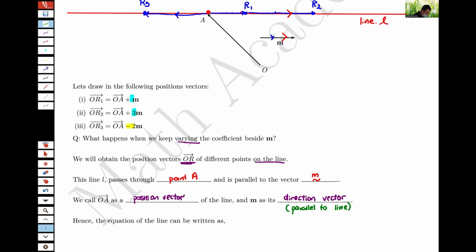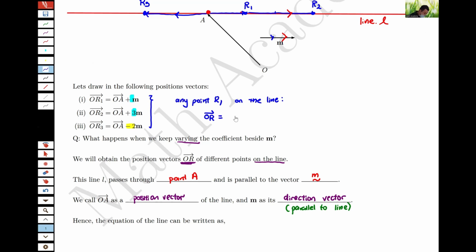Let me focus back on here first so that we can relate nicely. The only difference is the coefficient beside M. What we want to know is, if I have any point R lying on the line, how do I expect the equation to be written out? If I want to write down what is OR, based on what we have seen here, we only need to vary the coefficient, which means if I change the coefficient, we get to either right side or left side on this line.